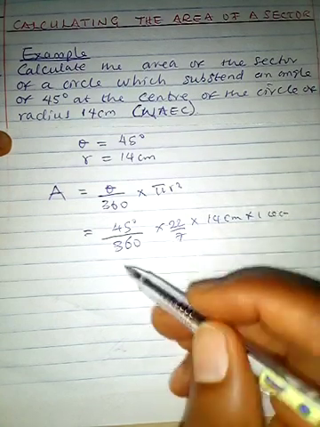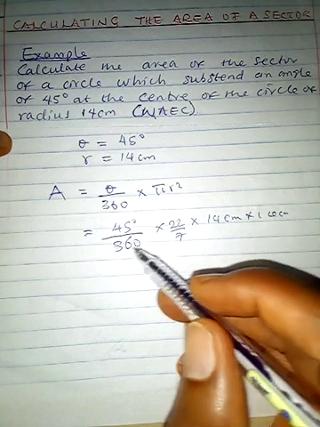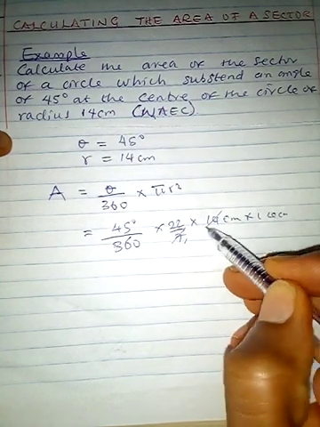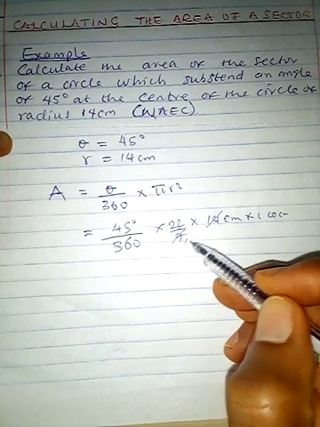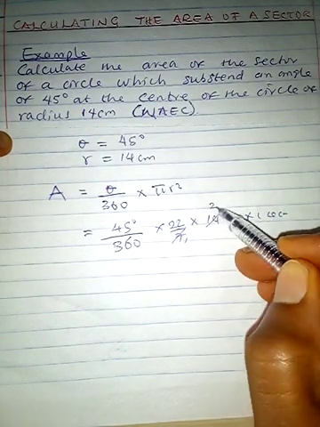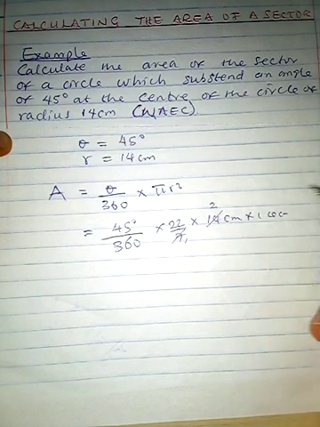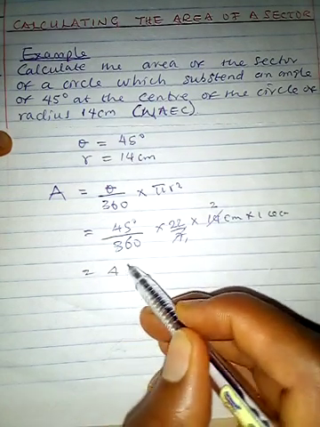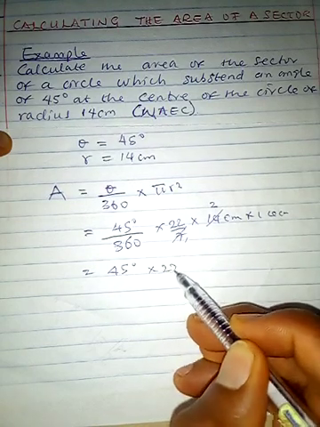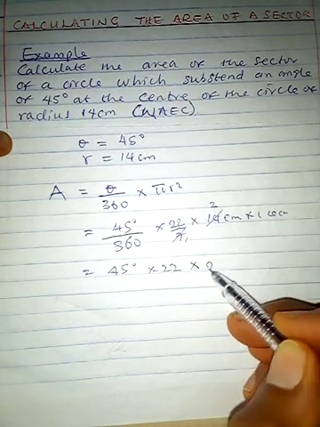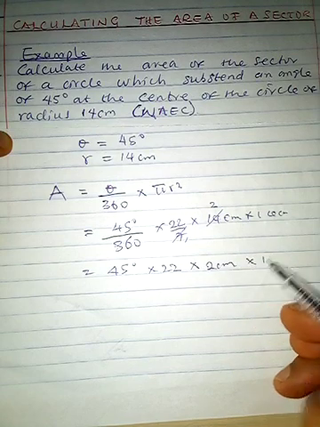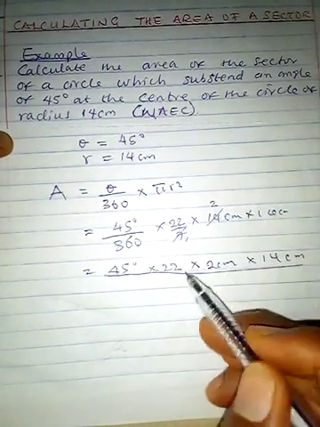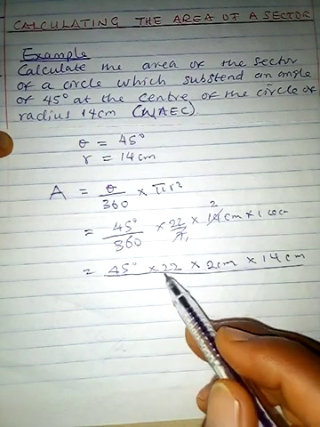Now we are going to simplify this equation to the simplest form. Here we see 14 into 14 is 1, and 7 into 7 is 1, and 7 into 14 is 2. Also, at this stage, we now have 45 degrees times 22 times 2 centimeters times 14 centimeters, all over 360.